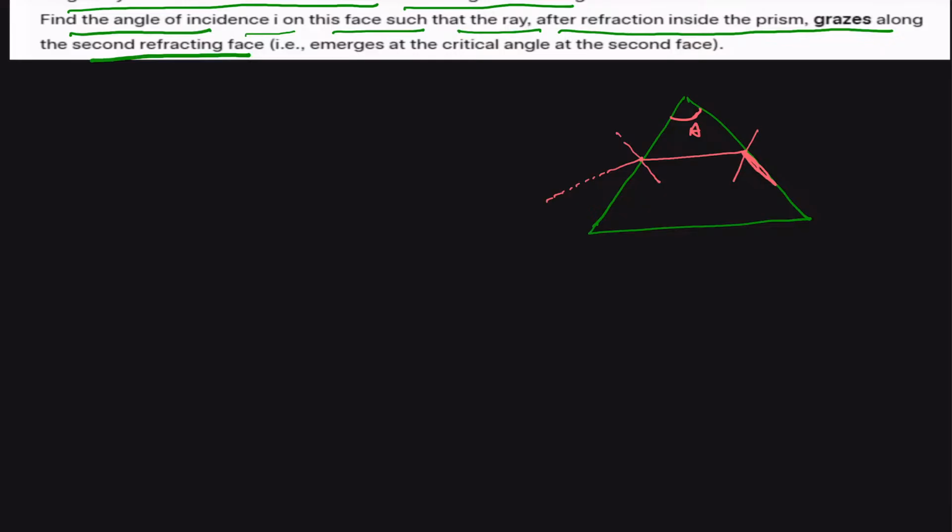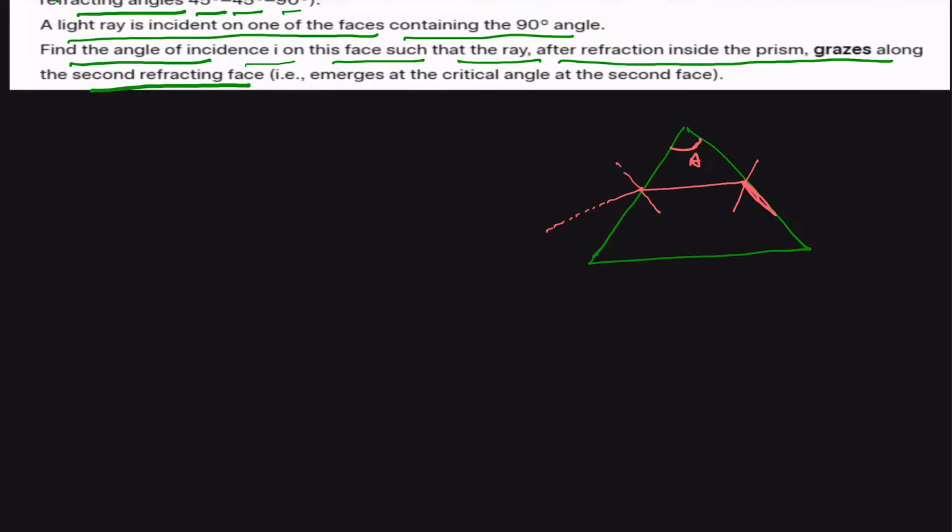Grazing emergence at the second face means the internal angle of incidence must be the critical angle. We have to remember that. You can solve it otherwise also, but this is a little bit shorter.